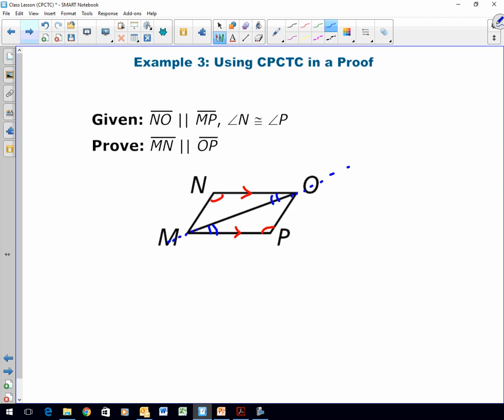How do I get angles to be congruent to each other? Perfect. I got two parallel lines cut by a transversal, right? Two parallel lines cut by a transversal. The alternate interior angles would be congruent. Told you these transversals, they're gonna come back over and over again.